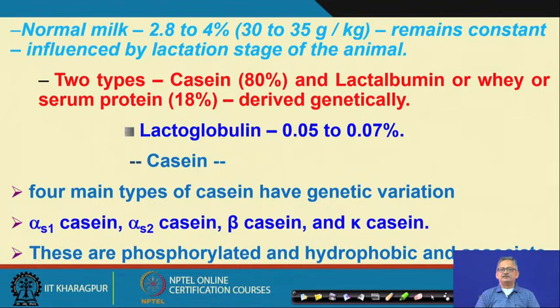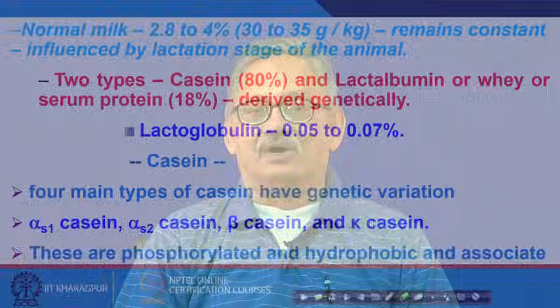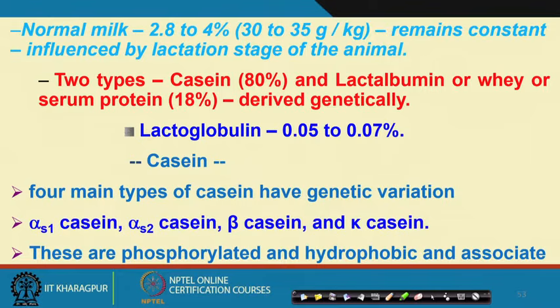So, two types of proteins are there, one is called casein, which contains around 80%, and the other is lactalbumin, which is known as whey protein or serum protein. Now, what is serum, what is plasma, those things also we have covered earlier, right. So, this contains around 18 to 20% whey protein of the total protein, right, and some derived proteins are also there.